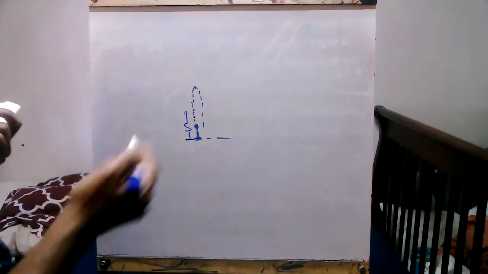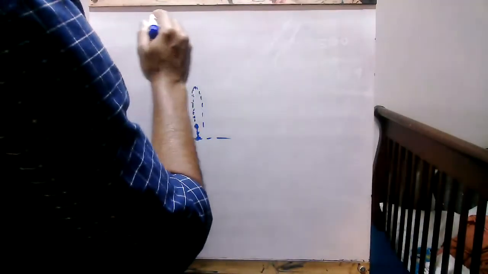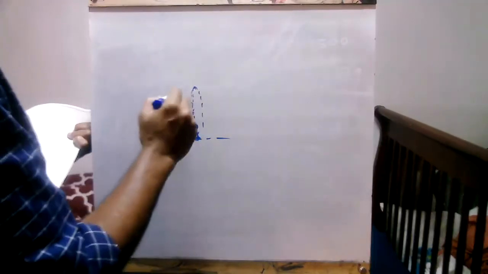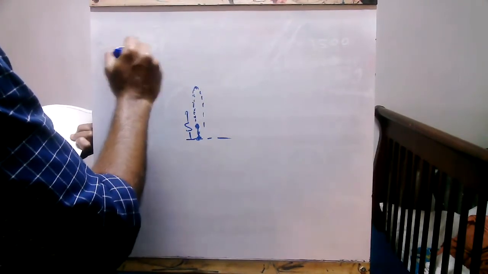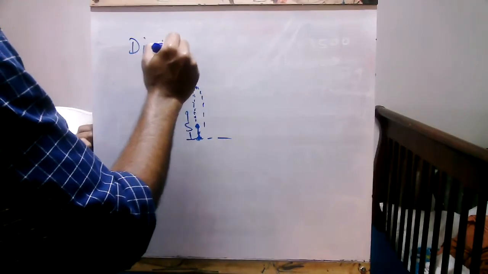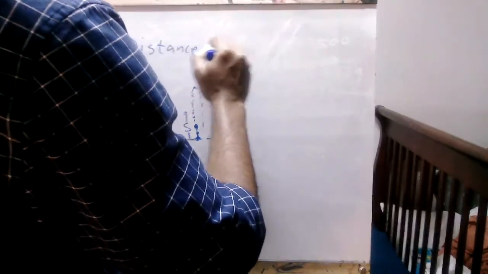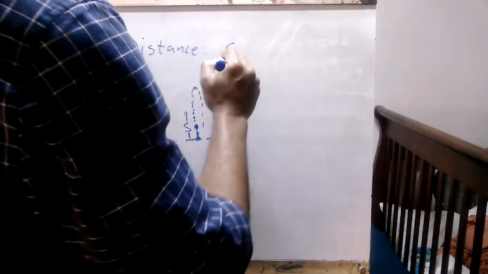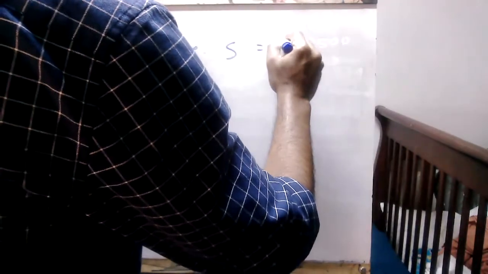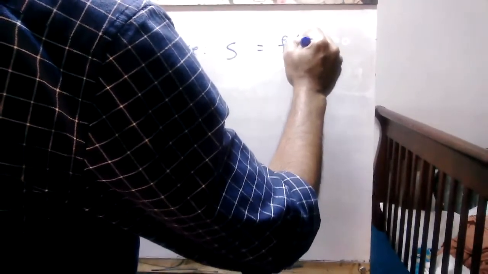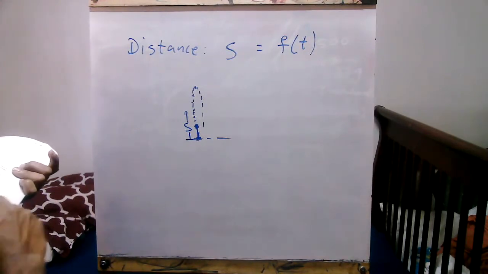Now let me write this for you. The distance is represented by s. This is usually a function of time. s is a function of time.